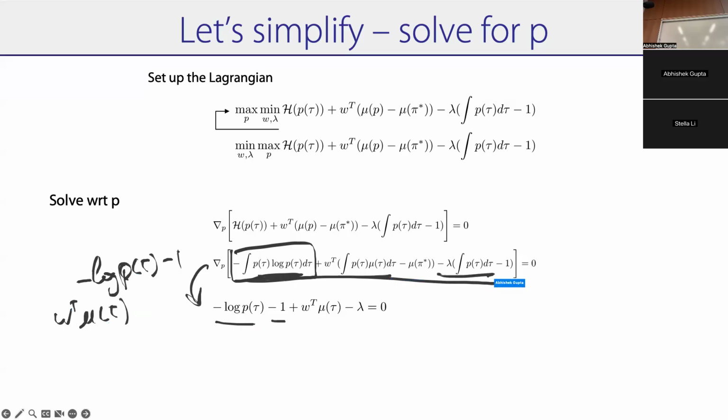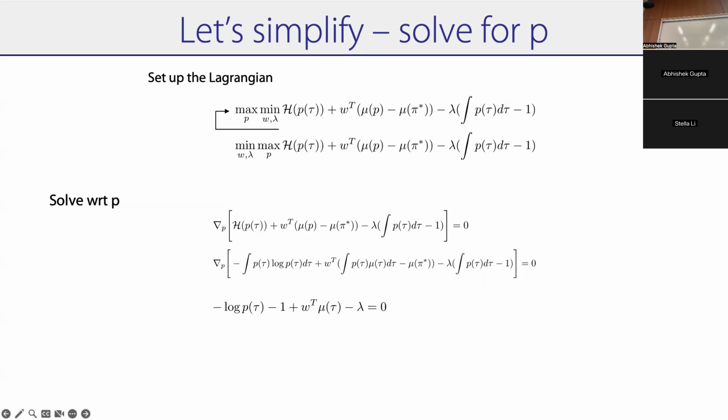This thing will become lambda, right? You just show that's equal to 0. Okay, so do a little more algebra, and you can show that the optimal p tau is exp of minus 1 plus W transpose mu tau minus lambda, right?